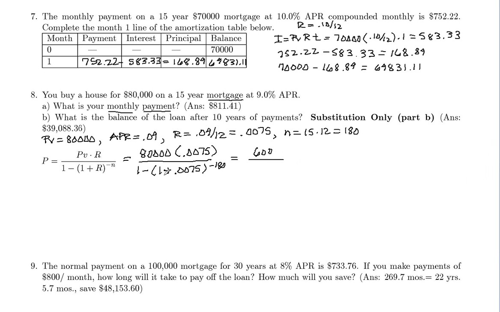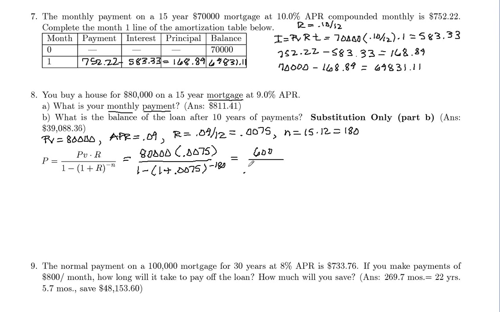Then down on the bottom, I would key in 1.0075 to the negative 180 power, get that answer, and then do 1 minus that answer, but you can key it all in straight across.